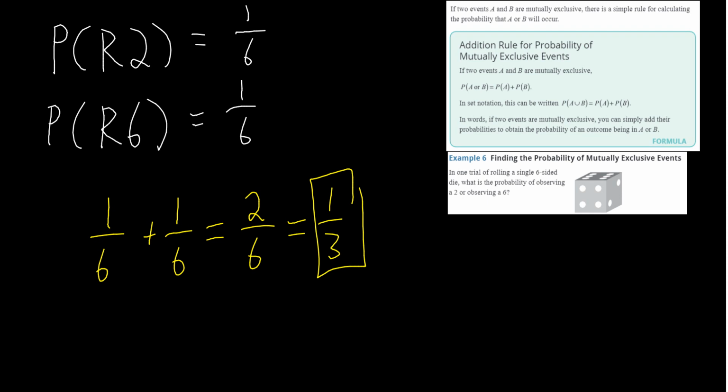We can also figure that out easily by saying 2 and 6 make up a third of the numbers, the other numbers being 1, 3, 4, 5. We can do some mental math like that too, but if we follow along with how the textbook presents this, this is how we would set this up.